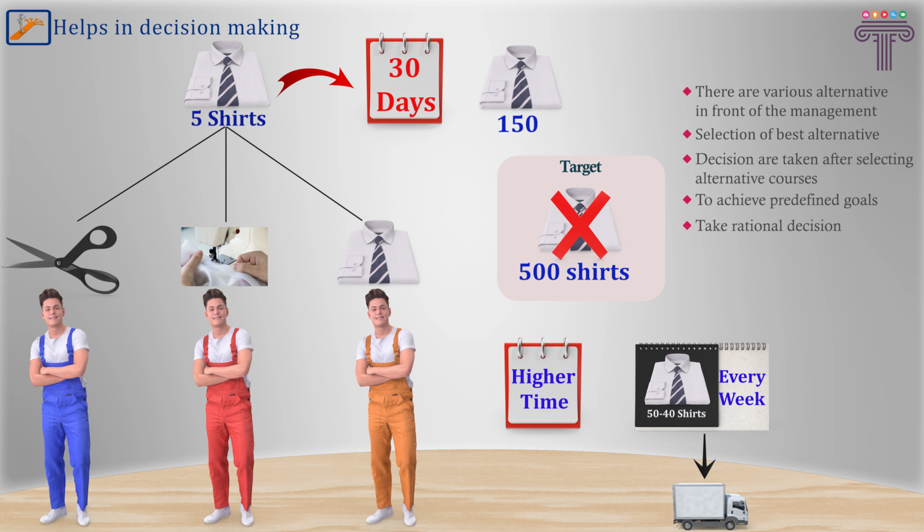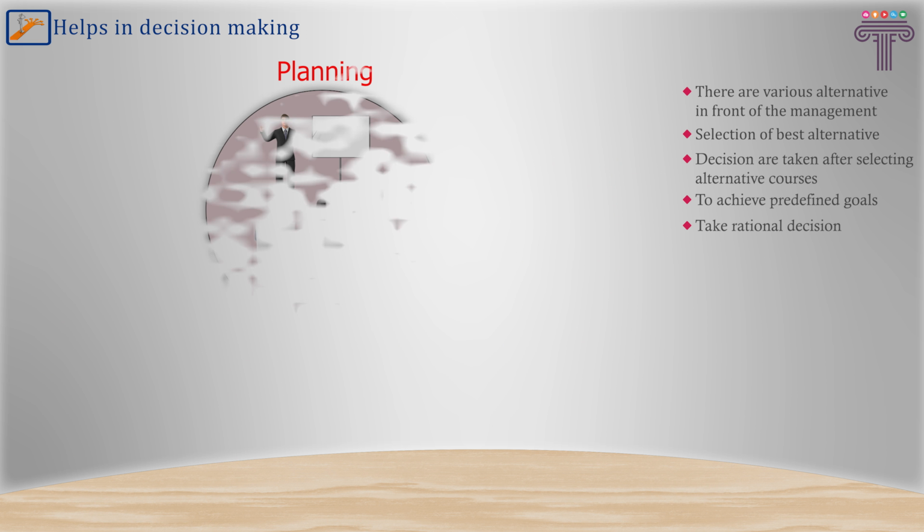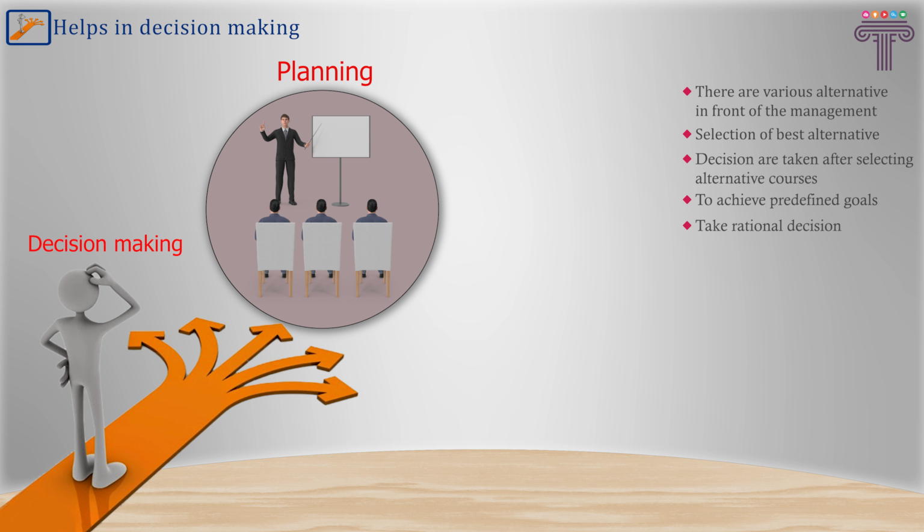That can happen. Or if the client doesn't agree, I'll outsource the remaining output. But what should be done will be decided with sensible thinking. Rational decision making is created with proper planning. So, planning helps in decision making.